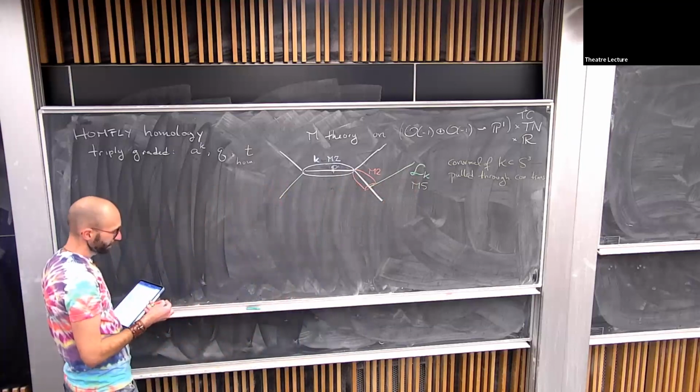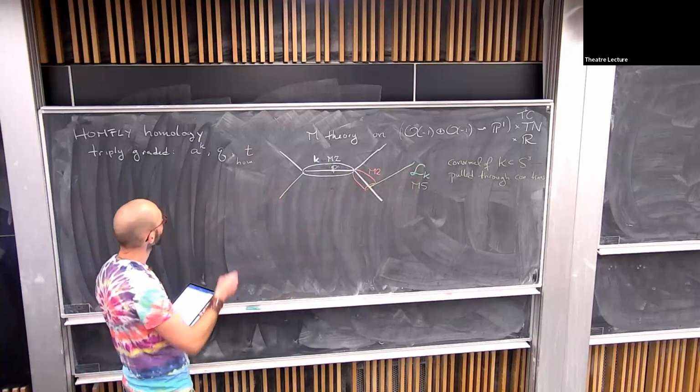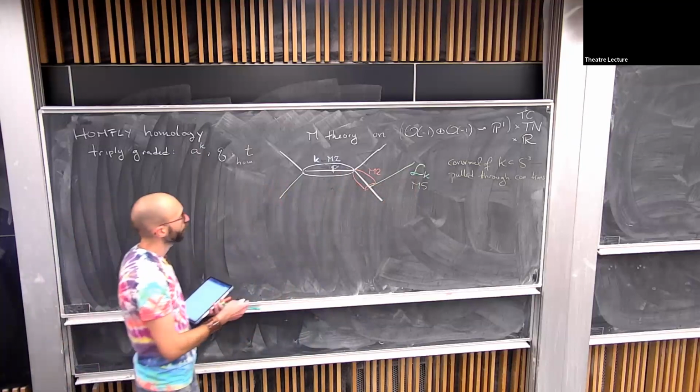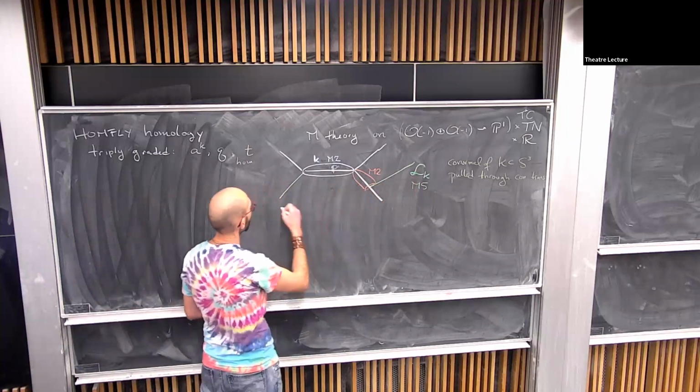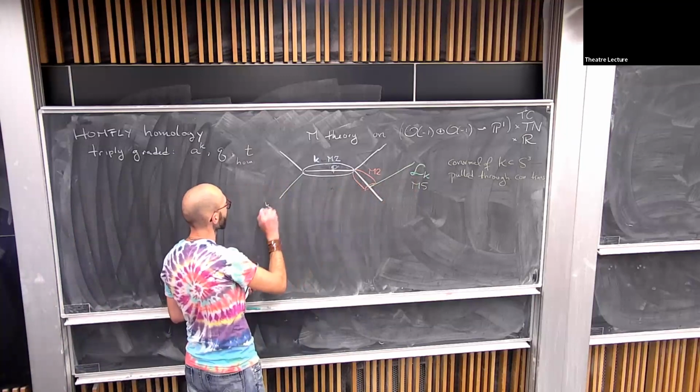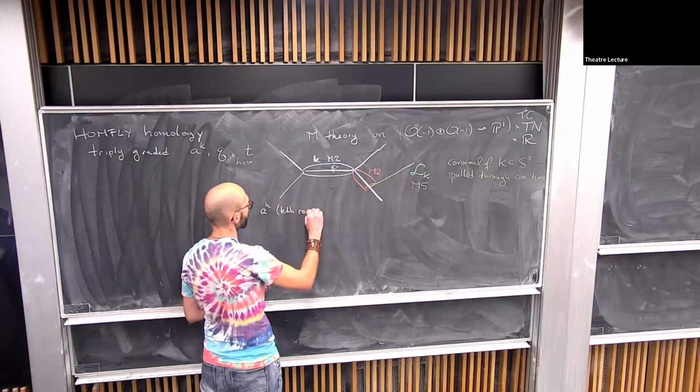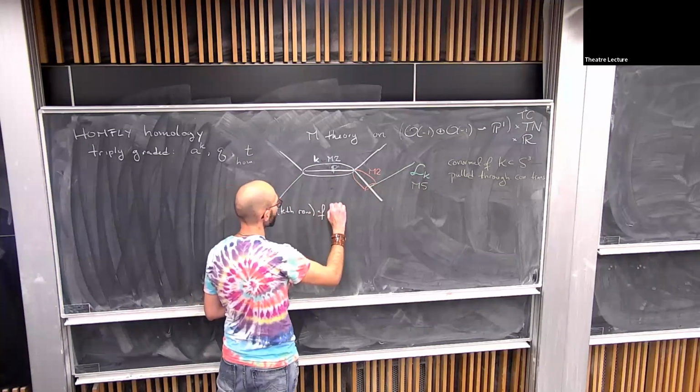The A to the K part of Khovanov-Rozansky homology is supposed to come from the Hilbert space, the K or the kth row of Khovanov-Rozansky homology.